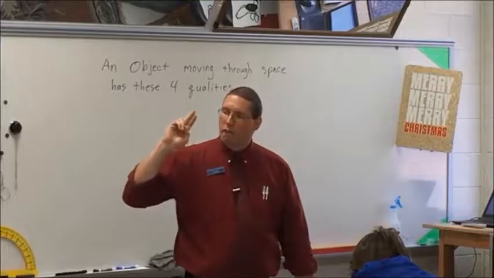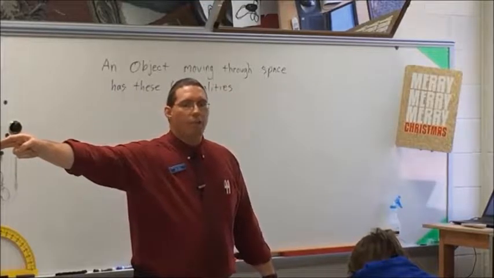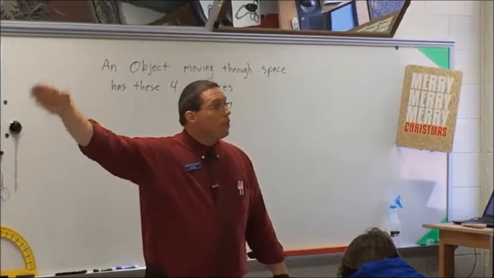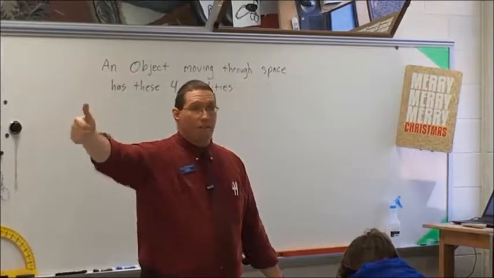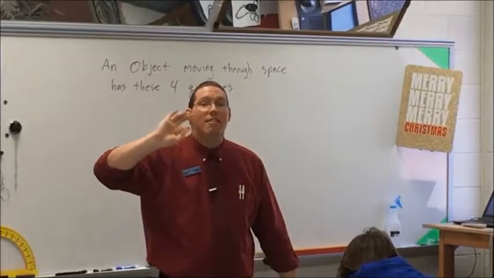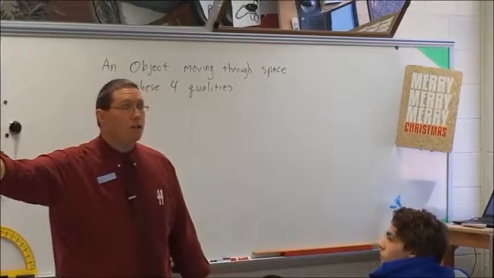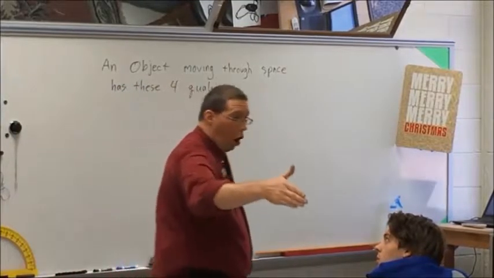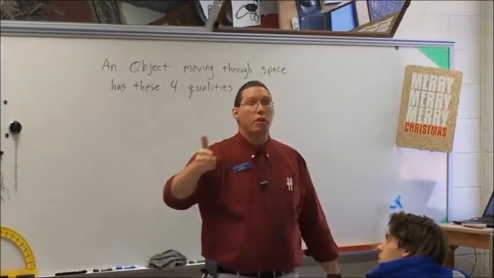A Nerf dart flying through the air is an object moving through space. However, an object does not have to be traveling fast to be moving. The object does not have to be sailing through the air to be moving. Okay? You are an object moving through space.